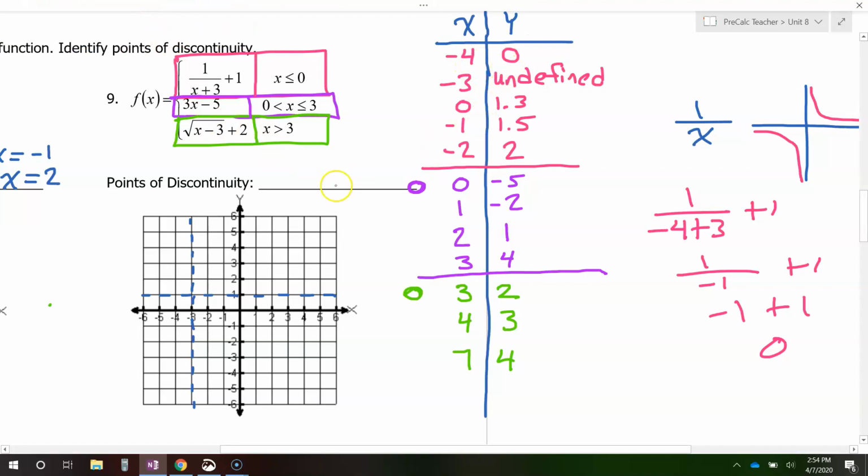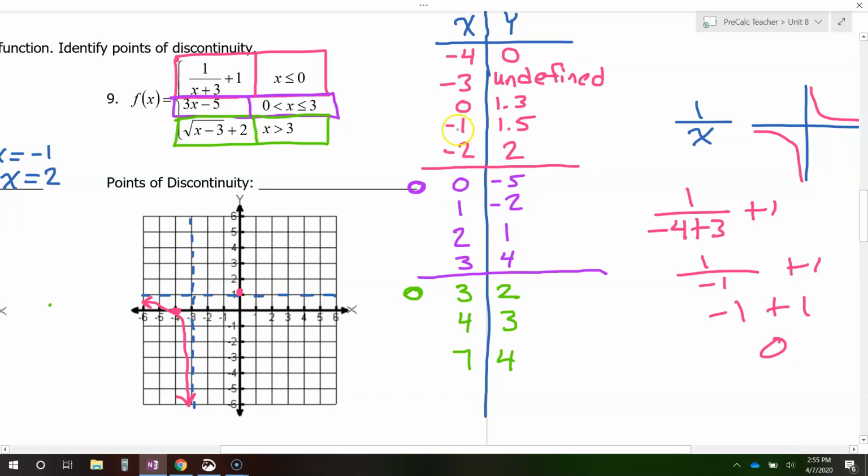So -4 comma 0 is right here. So that shows me that when I draw this branch, it's going to have to go through that point. All right, something like this, and approaching the asymptotes. Now 0 and 1.3, all right, so that's just barely above the number 1.